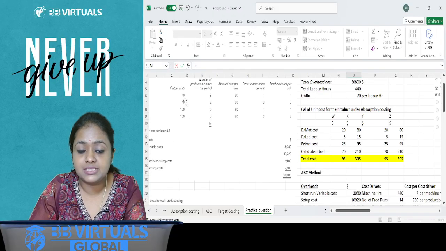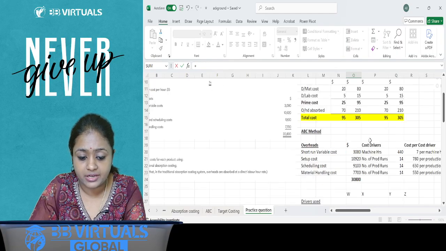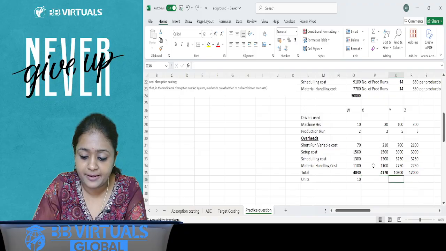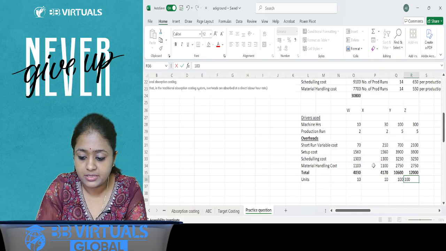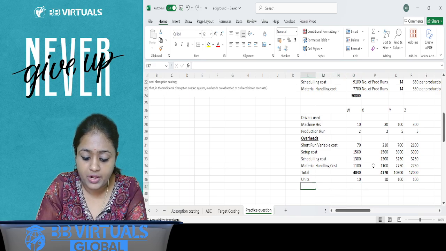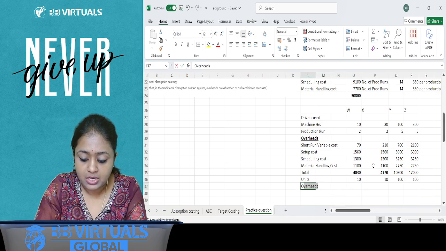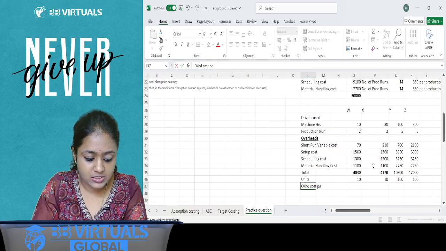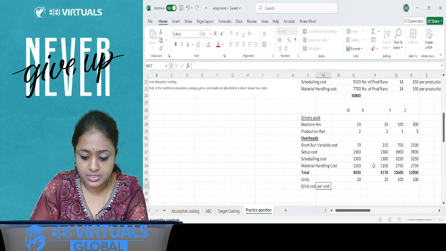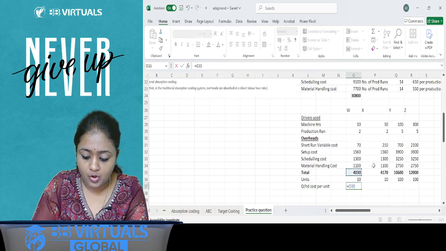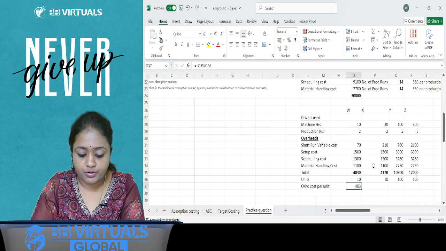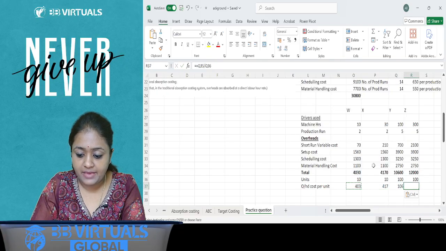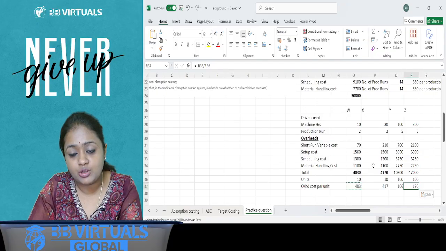Here the number of units are 10, 10, 100 and 100. So let's take these figures. Now get the overhead cost per unit. This you will use in the cost sheet. Overhead cost per unit is 403, 417, 106 and 120.